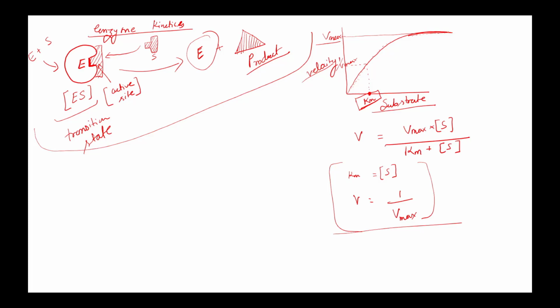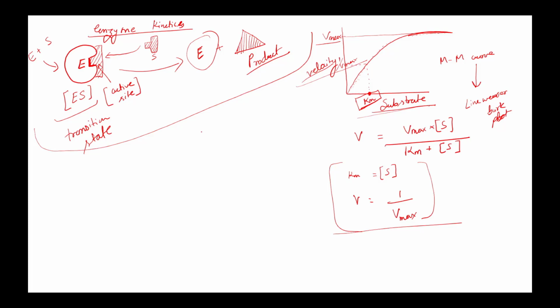So finding the value of Vmax using a hyperbolic curve was quite difficult. To avoid that, the Michaelis-Menten curve is converted to the Lineweaver-Burk plot, where they have taken the double reciprocal values of velocity and substrate.